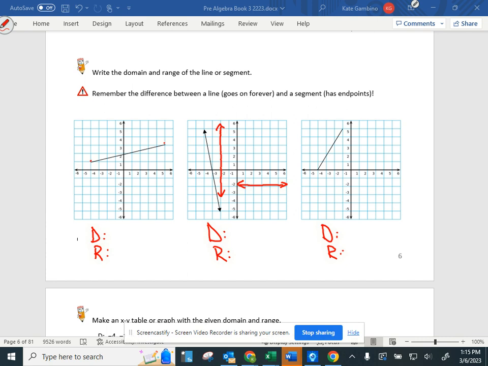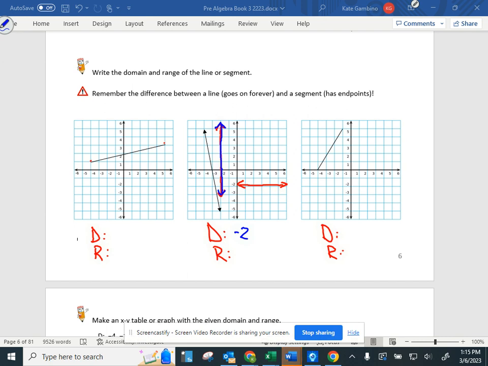Because it's going to be the same number, right? So if we're looking at this one, if we did it straight up and down, our domain on that x is just going to be -2. It's not going to be any others because it's just -2 for our x up and down. So we couldn't put all real numbers.